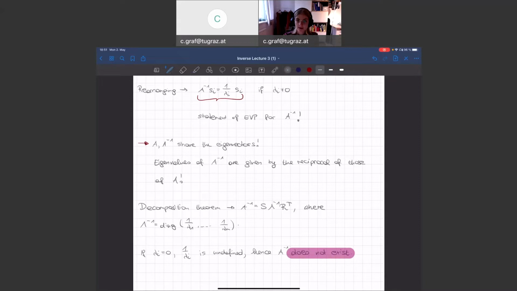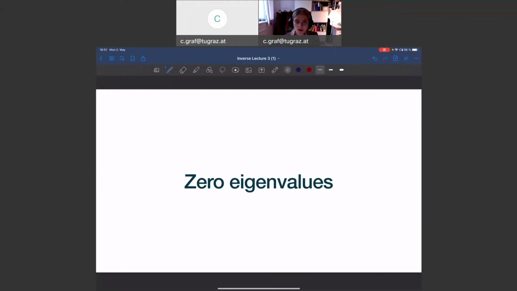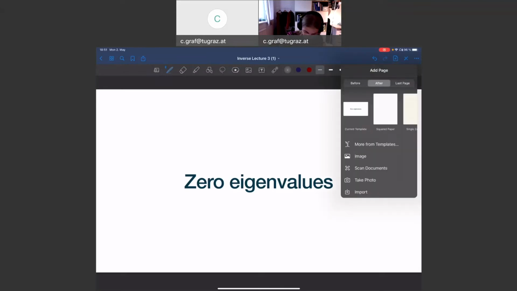We can build the inverse matrix. If only one eigenvalue is 0, then we're in big trouble. We cannot build the inverse matrix anymore. Now, the obvious question is, what are we going to do when we have 0 eigenvalues? And the answer is we still try to find a solution, but we might not be so successful anymore.